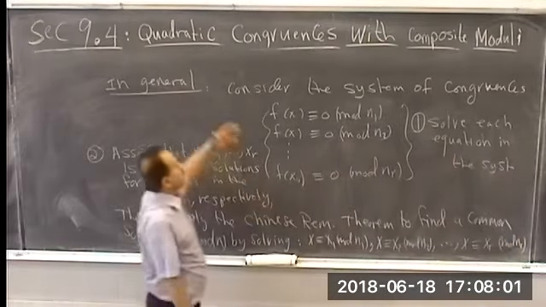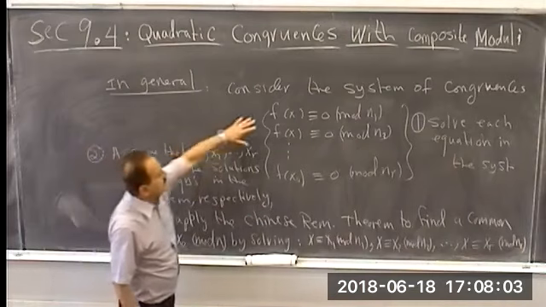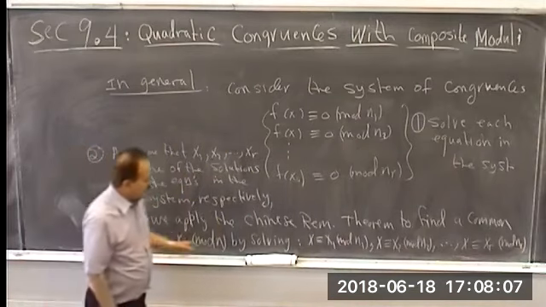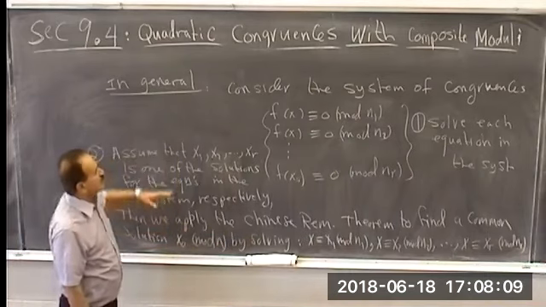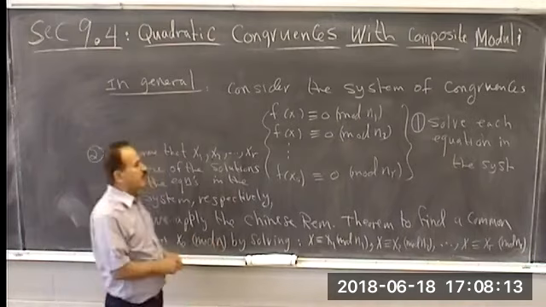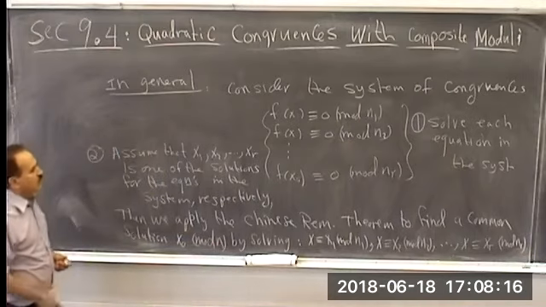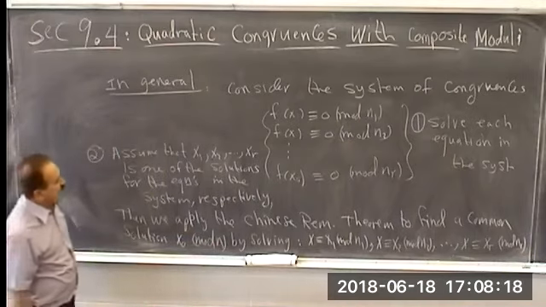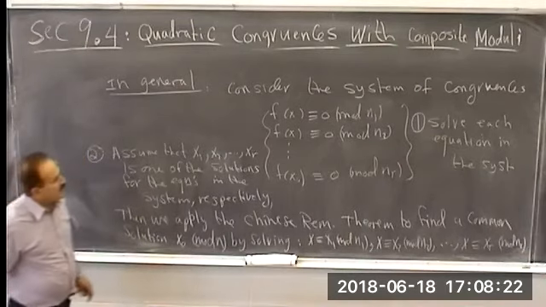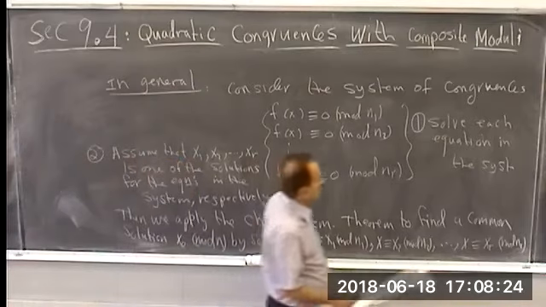So we're going to apply the Chinese remainder theorem to this simpler system. Each solution for the system, we combine together to come up with a common solution. And then we're going to consider all possibilities. We're going to look at an example again to show how this is done. This would be how we would go about solving congruence equations with composite moduli.